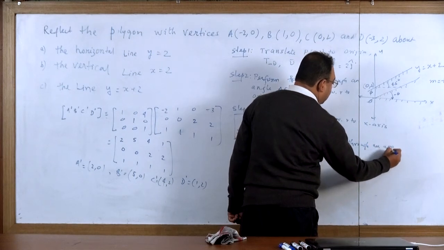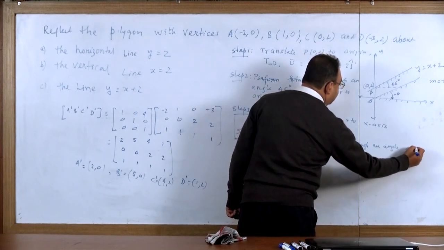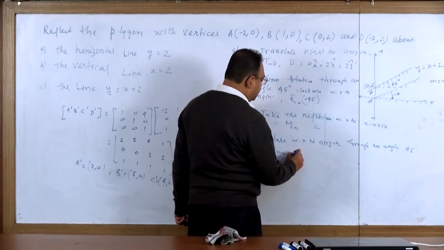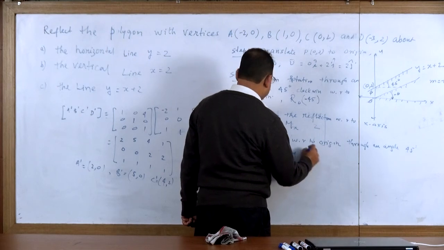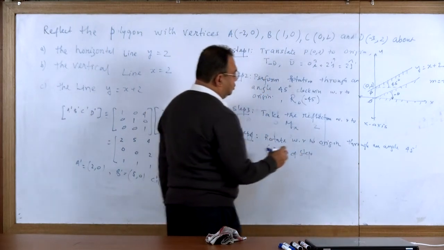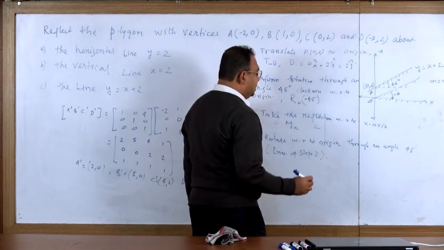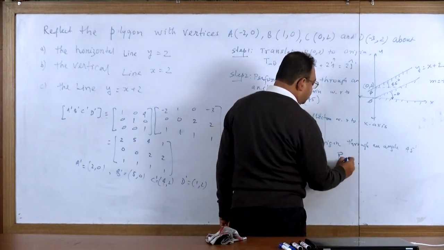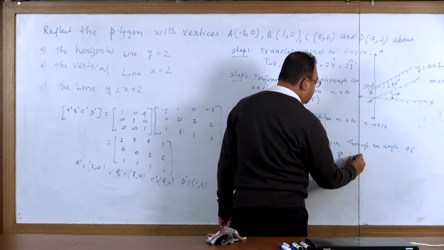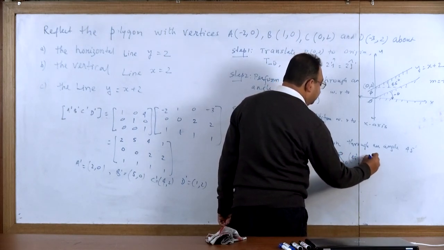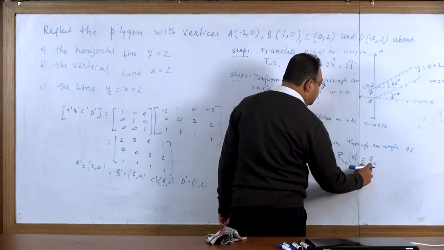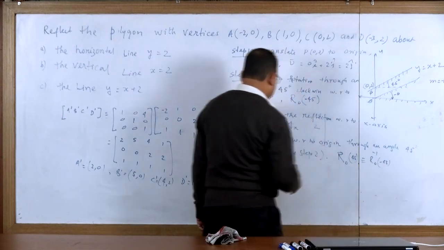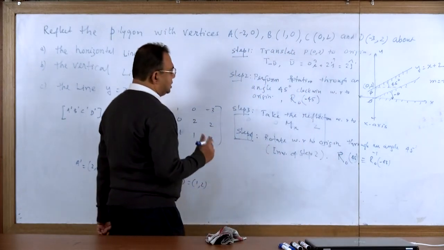So this step is the inverse of step 2. We call this operator rotation with respect to origin 45. This is nothing but the inverse of rotation with respect to origin minus 45. So this operator is also known to us.